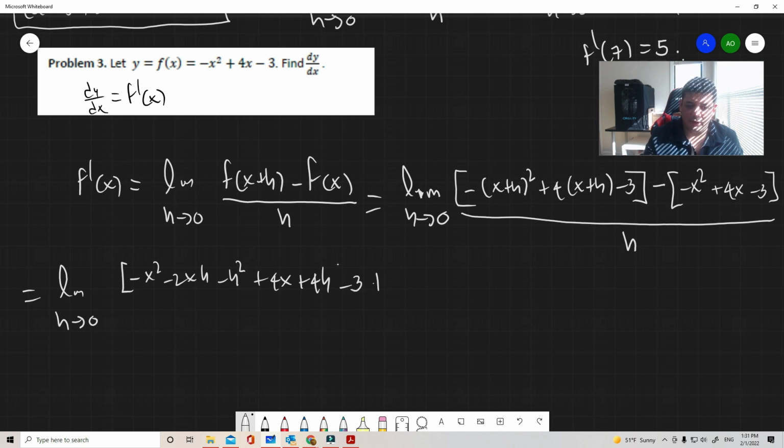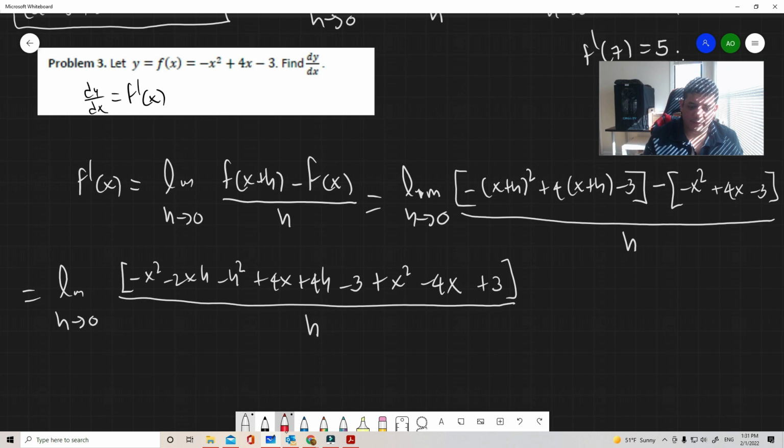And over here, I'm going to get plus x squared minus 4x plus 3. So now I have to cancel out similar terms. Notice 4x goes away with 4x, 3 goes away with 3, minus x squared goes away with x squared. So there's a lot of elimination of things.